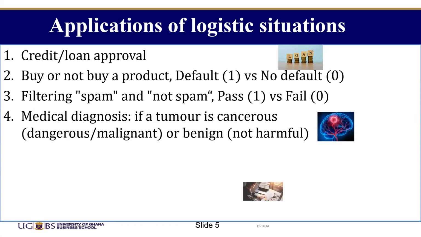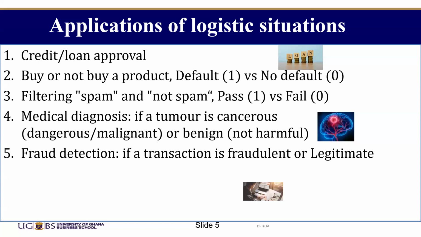Medical diagnosis: whether a tumor is cancerous, dangerous or malignant, or benign and not harmful, that you can detect. The probability of that happening is a logistic situation. Some of you can do research on fraud detection, whether a transaction is fraudulent or not.